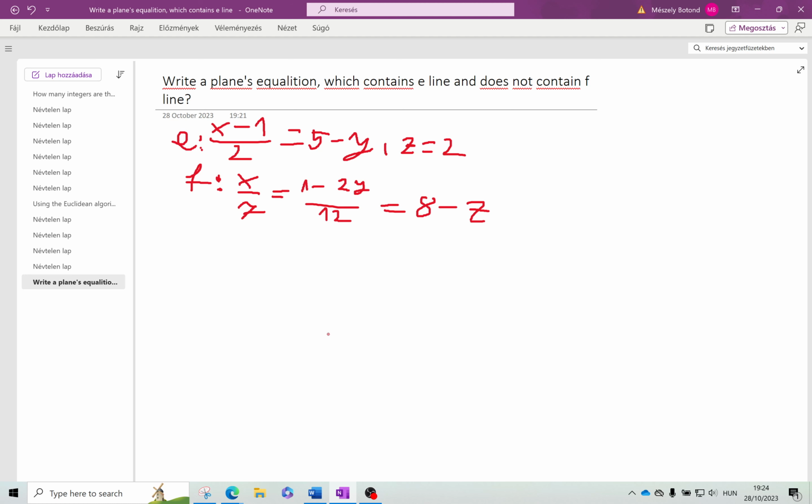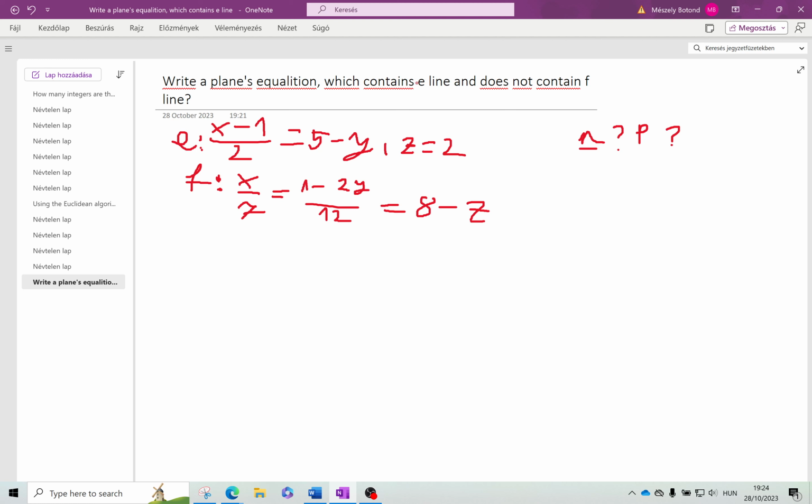So what do we know? We know that we need to find a plane equation. For that we need a normal vector and a point which is on the plane.